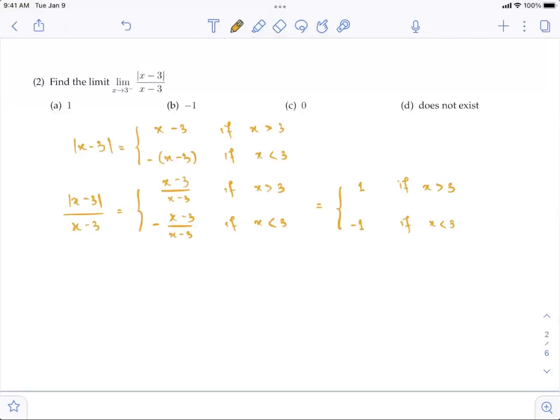So there are two parts to this function. The function is equal to positive 1 when x is greater than 3, and the function is equal to negative 1 when x is less than 3. Now, when you find the limit of the function as x approaches 3 from the left, that means you want to consider the part of the function when x is less than 3.